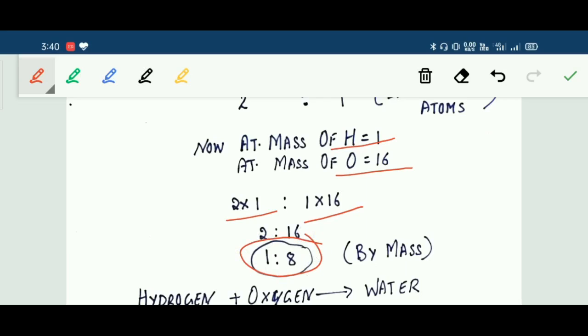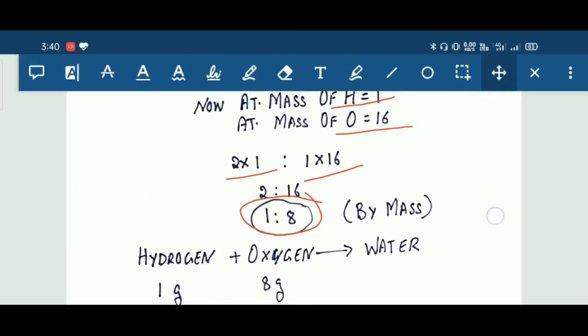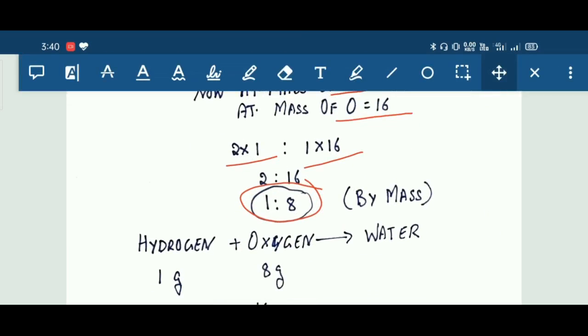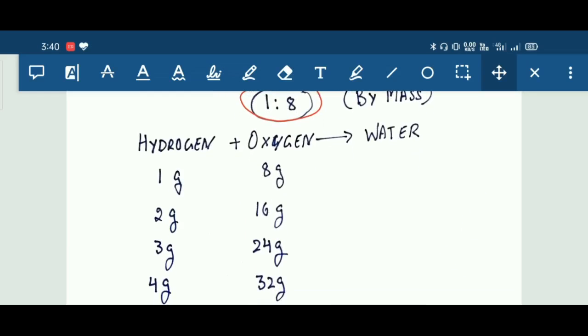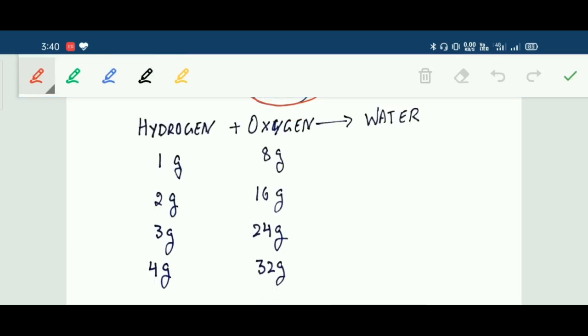1:8. In short, we can say hydrogen and oxygen, when they combine together to form water, combine in the ratio 1:8 by mass, which means for 1 gram of hydrogen, 8 grams of oxygen is required to form water. For 2 grams, 16 grams will be required, that is 2 into 8.